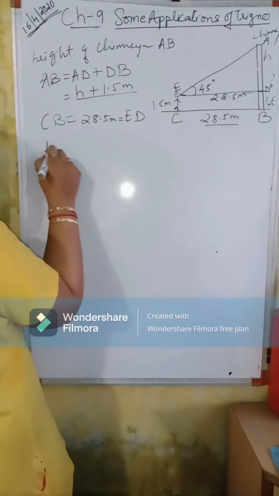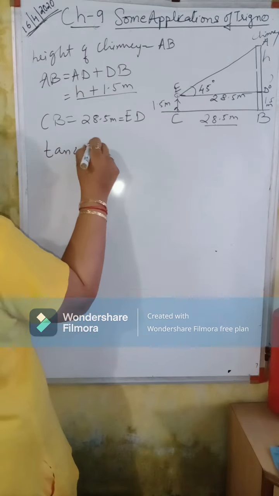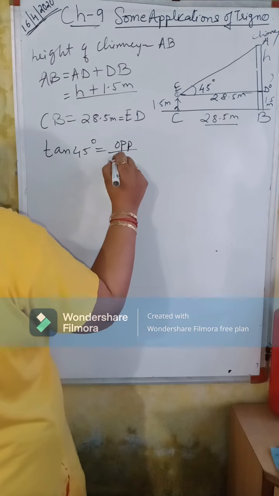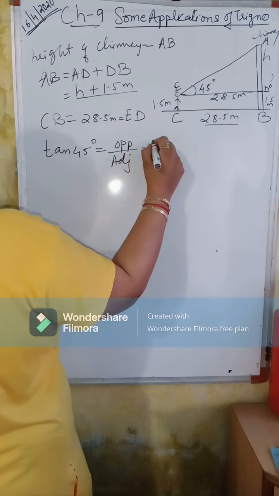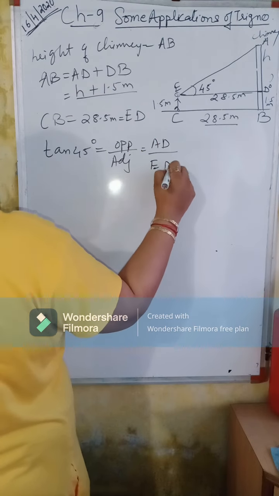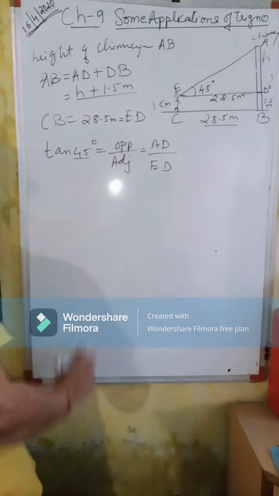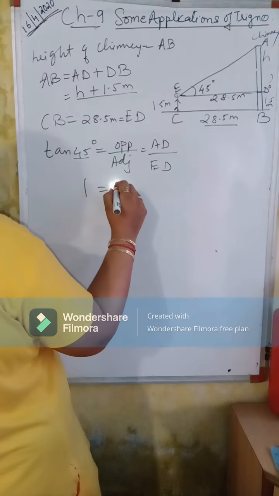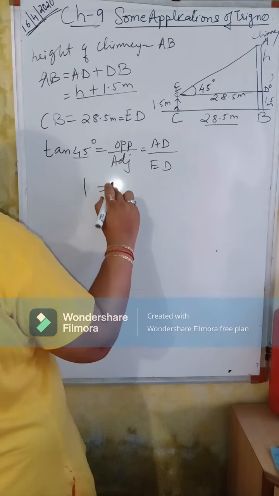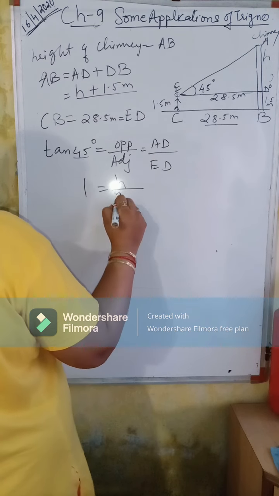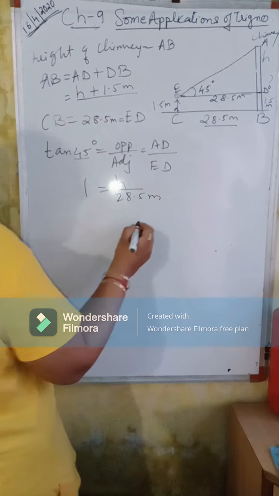So take tan 45 degrees is equal to opposite upon adjacent, that is, opposite is AD upon adjacent ED. Tan 45 degrees is 1. So 1 is equal to AD, that is H, upon ED, 28.5 meters.